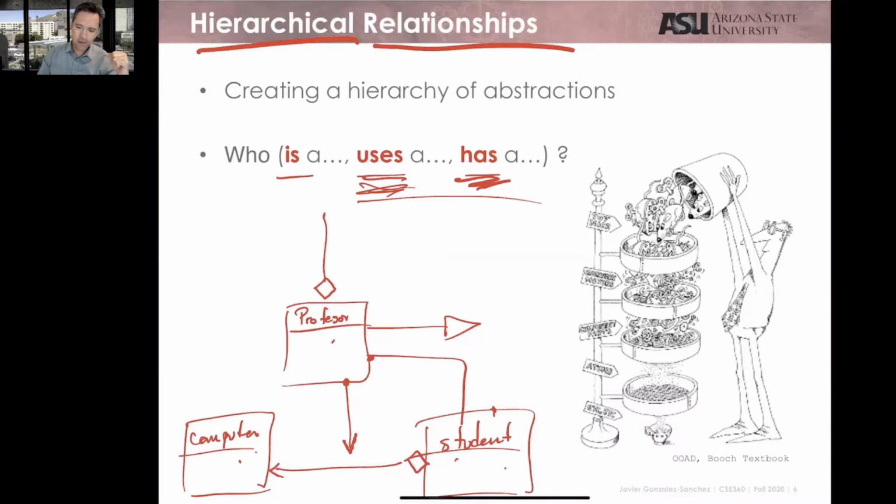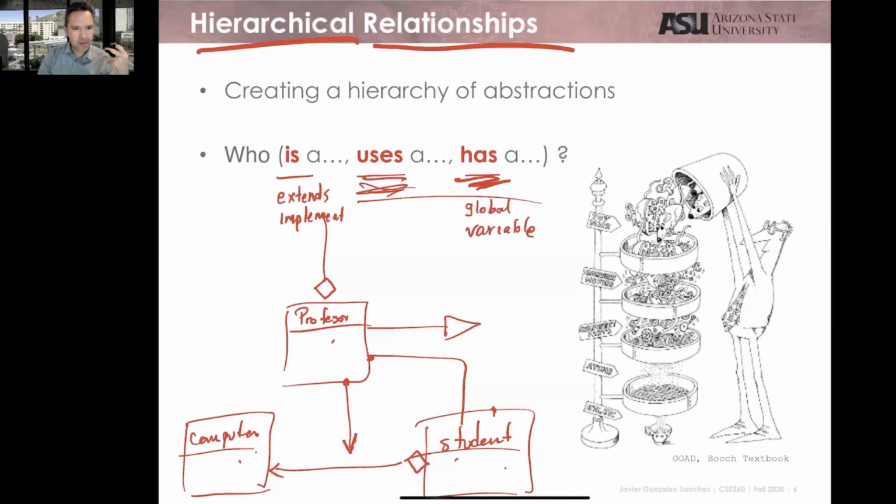Right? Just remember, is can be in the software extends or implements. That is the source code for is. Inheritance, basically, realization. Having is the diamonds, and having is all about global variables.